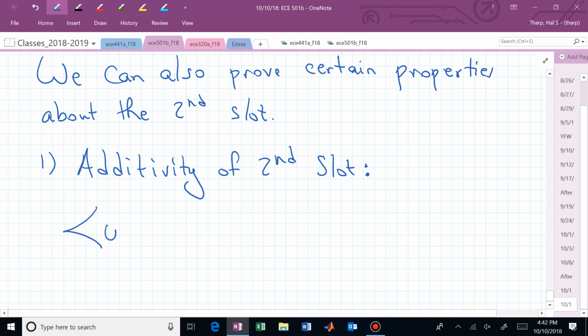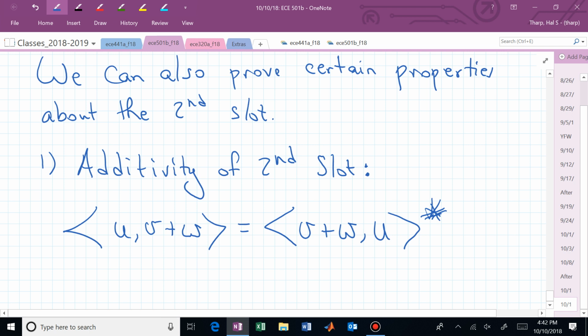Meaning now if I have the inner product of, let's say, vector u in the first slot with the sum of v and w in the second, now what does that provide me with? Well, we haven't yet justified that we have additivity in the second slot. So all we can do is use additivity of our first slot. And how do we get first and second interchanged? Conjugate them. So now if we say, well, let me switch the vectors in the slots, I can do that by the conjugate.